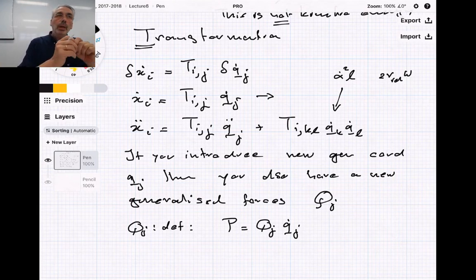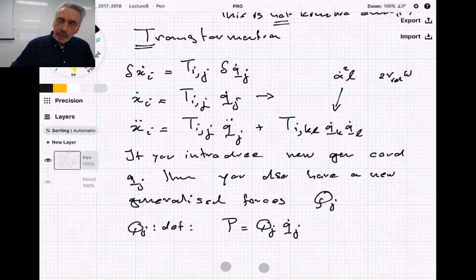So if you have a horizontal distance, then the speed is s dot, and apparently it's some linear force. But now, if you define a generalized coordinate as the square of an angle, alpha squared, then that generalized force is probably a very strange thing.